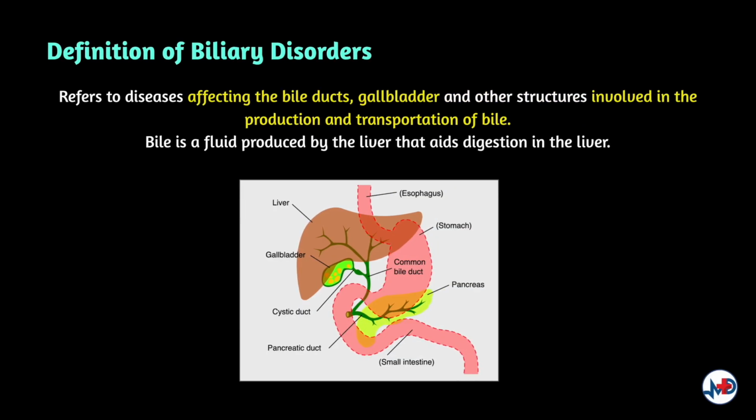Biliary disorders or diseases include diseases affecting the gallbladder and the biliary tract. Biliary diseases also refer to diseases affecting the biliary duct and other structures involved in the production and transportation of bile. Bile is a fluid produced by the liver that aids digestion.